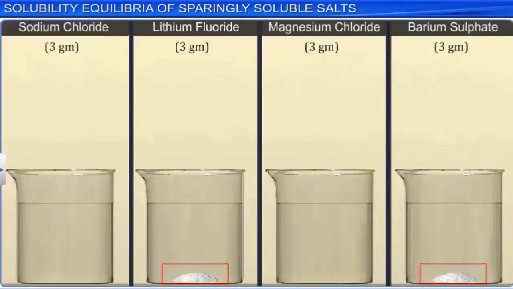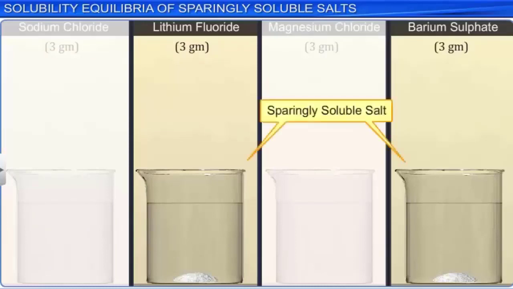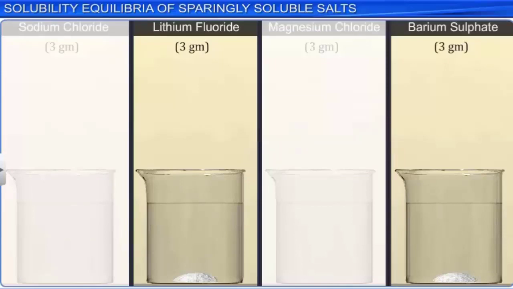From this, we can conclude that all the salts are not soluble in water to the same extent. Salts like lithium fluoride or barium sulfate, which show little solubility in water, are commonly termed as sparingly soluble salts. Do you know why all the salts are not soluble to the same extent in water?